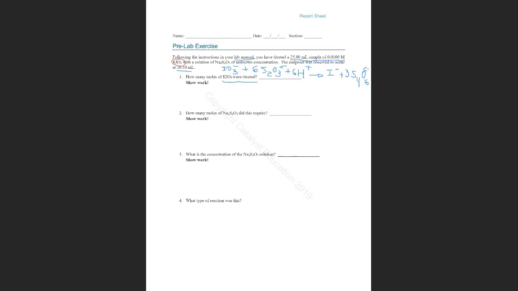Okay, you learn in Chem 1 that the number of moles of potassium iodate equals, it's always, the molarity of the potassium iodate multiplied by the volume of potassium iodate, as long as the volume is in liters.